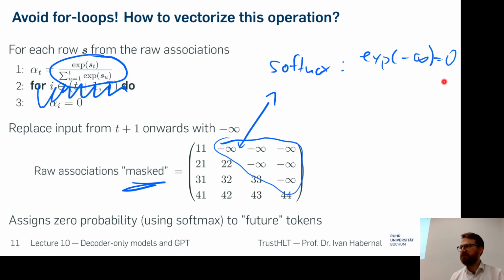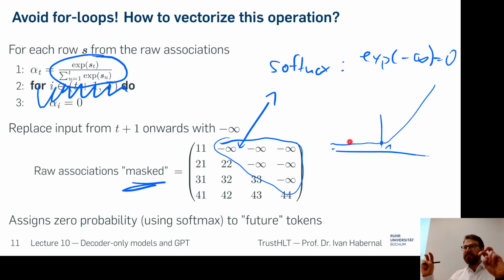That's the point. E to the minus infinity, if you know the exponential function, for very high values it's large, and as it goes to minus infinity, it goes to 0. And if you implement it correctly, which you can do in Torch, and if the function is implemented correctly, then for e to the minus infinity, you get a true 0.